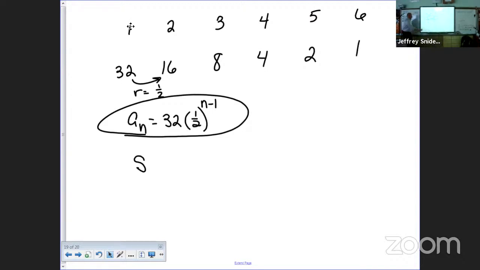Okay, so I'm finding the sum of 6 rounds. Now, if I use the method from yesterday for a geometric series, what goes here? Parentheses. This is a 1 minus. Help me out. What went out here?